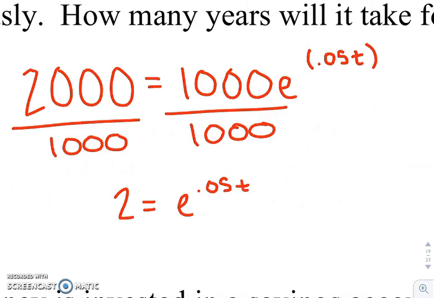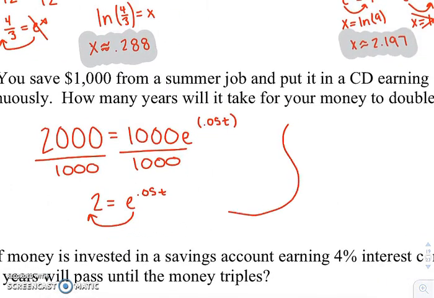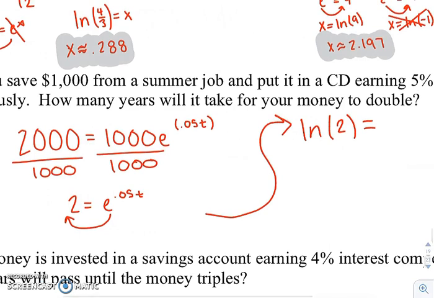So we know how to undo this now and solve for this. To undo that e, we take the natural log of 2 equals 0.05t.